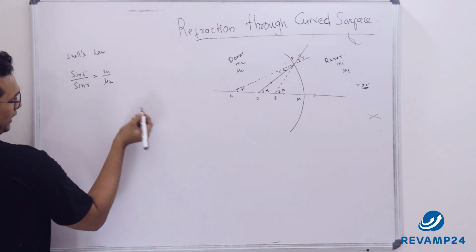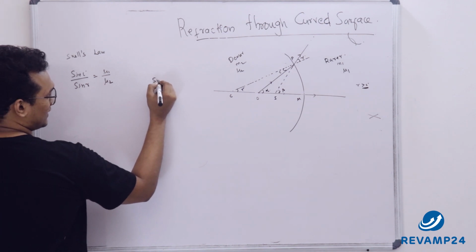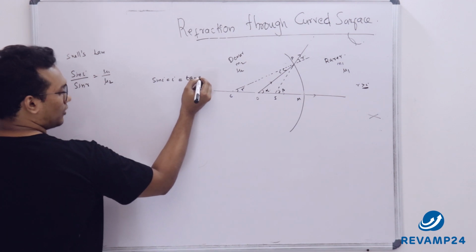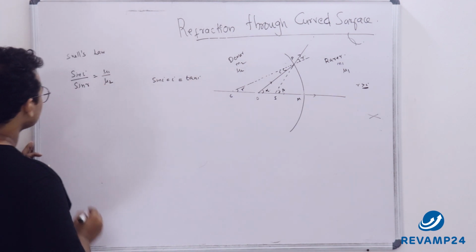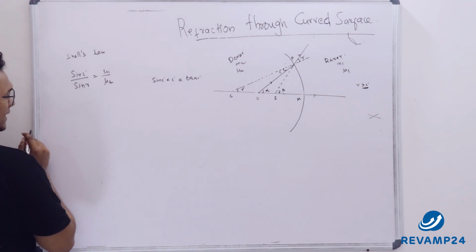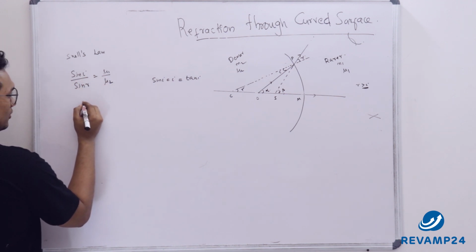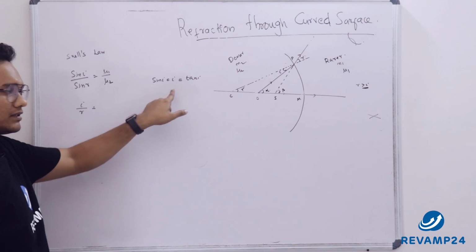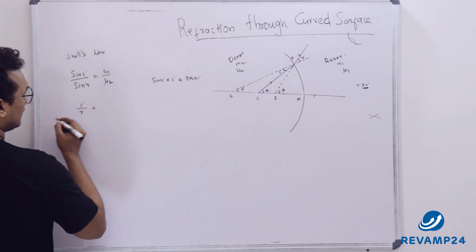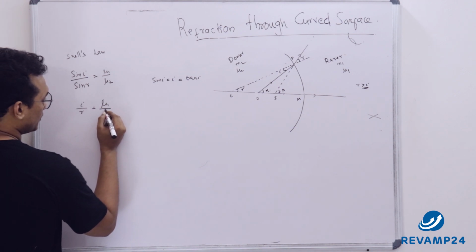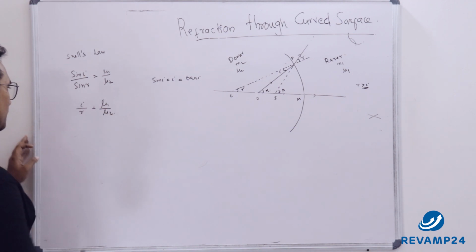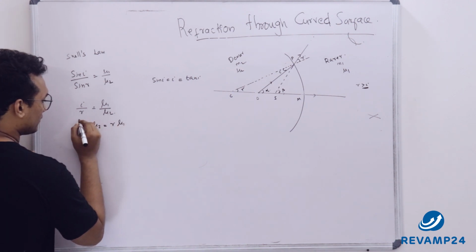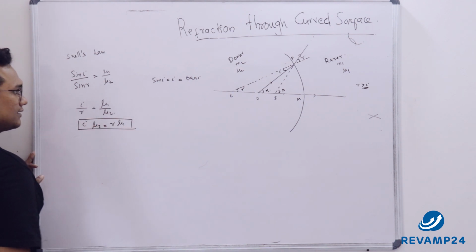Now I have told you for small angles sin I is equal to I and that can also be equal to tan I. So sin I by sin R can be taken as I by R itself using this approximation, equal to mu1 divided by mu2. Cross multiply. I into mu2 is equal to R into mu1. This is an important relation.